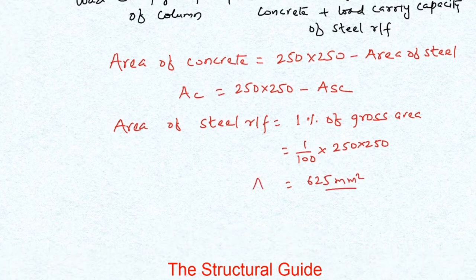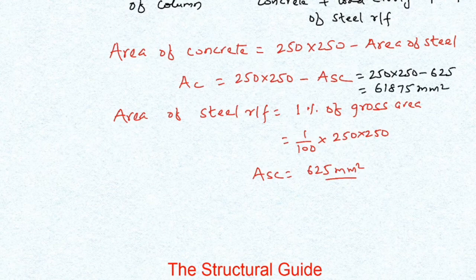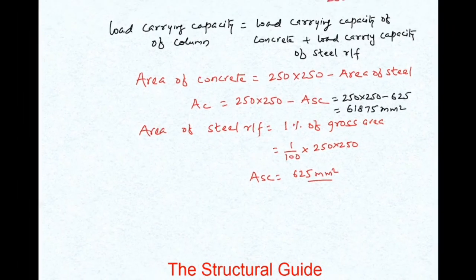So the area of steel is 625. Now you can calculate the area of concrete, that is equal to 250 into 250 minus 625, and that is equal to 61875 mm square, right?